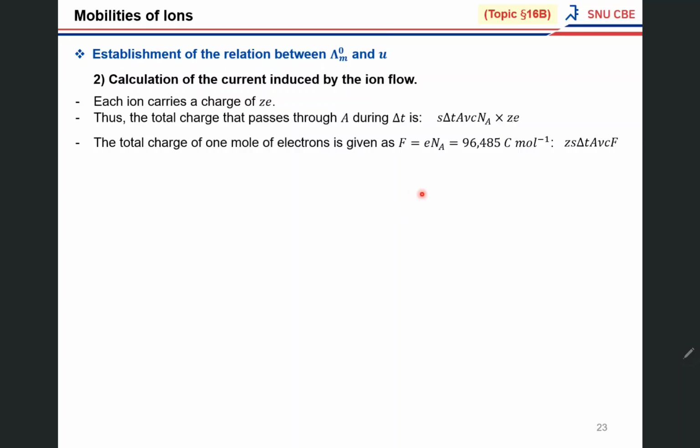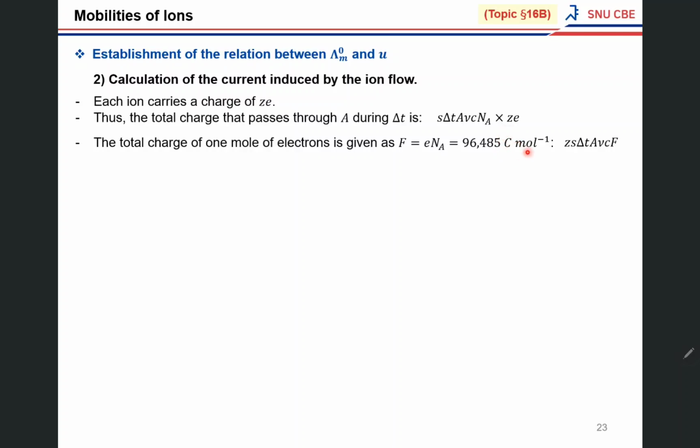But if you focus on here, the small e is the charge carried by one electron. If you multiply by the Avogadro number, then you find this constant, the product of the unit charge and the Avogadro number, which is defined as the Faraday. Faraday is the charge carried by 1 mole of electrons, which corresponds to roughly 96,000 coulomb per mole.